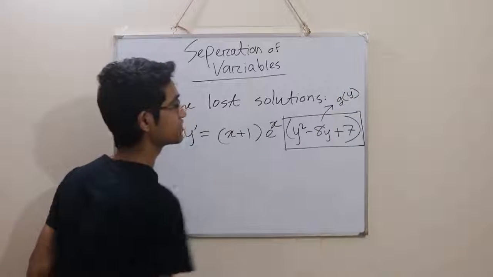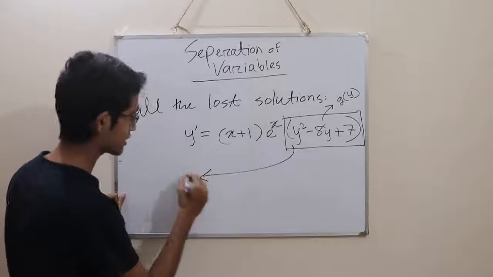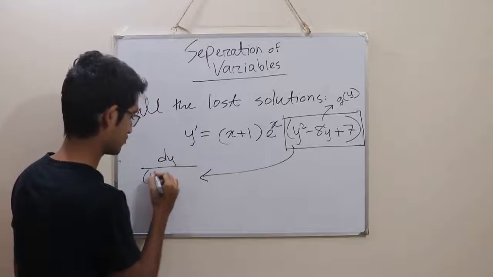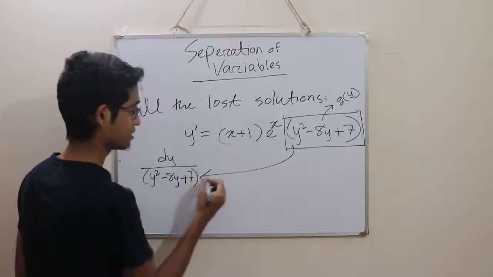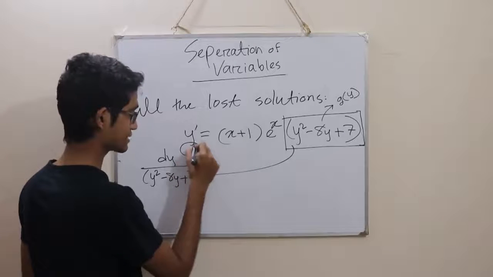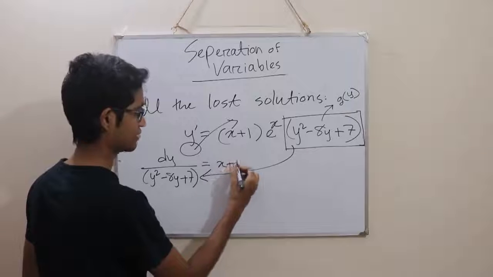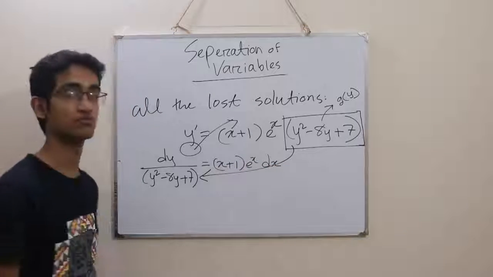What we eventually plan to do is bring this part over to this side and write dy over y squared minus 8y plus 7, and we will get a dx here, which we take to the other side, and we want to write (x plus 1) times e to the power x dx. This is what we are trying to do.